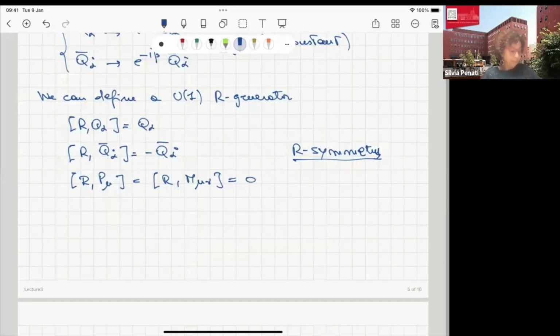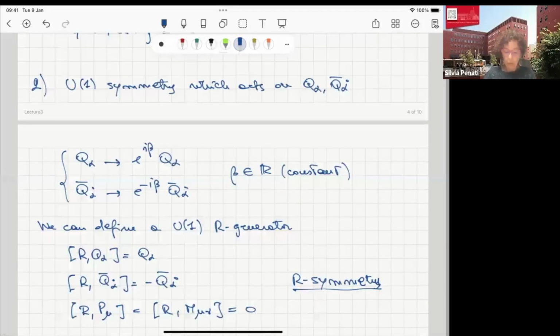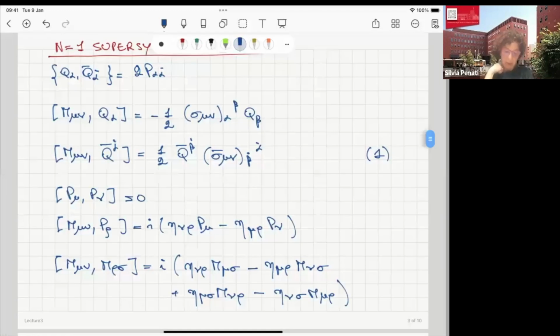Okay, so let's see, first of all, what kind of general information we can infer from algebra 1 concerning particles which transform under the action of these generators, or if you wish, particles described by a theory, by a Lagrangian, which is invariant under the action of N=1 supersymmetry generators.